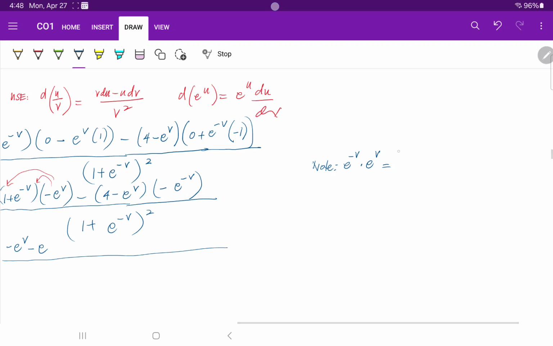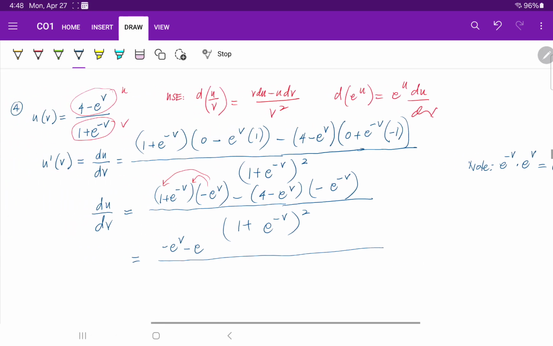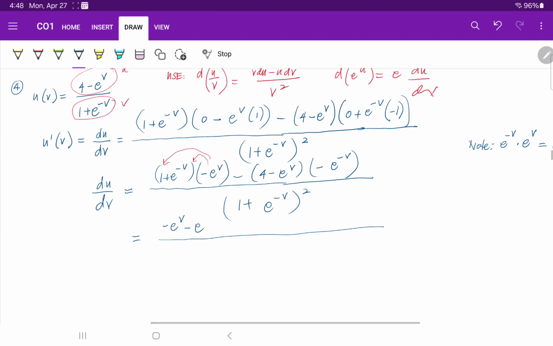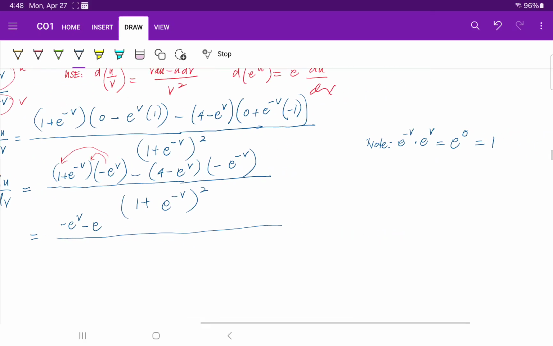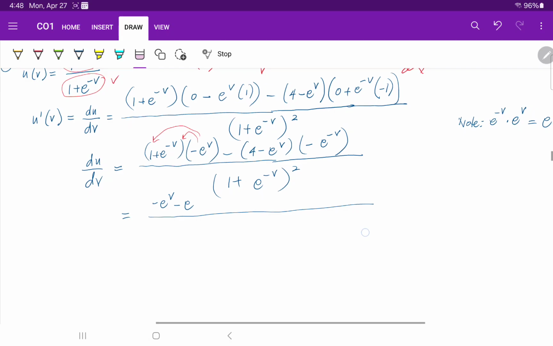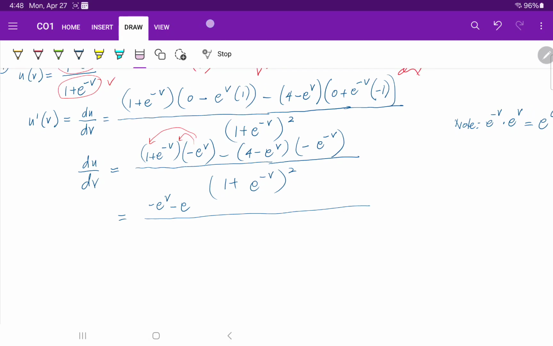We add the exponents, so this is e to the v minus v, which is 0, and e to the 0 is 1. I think I have to write it down here. But it's good to write it also on that side. So, e to the next is what?